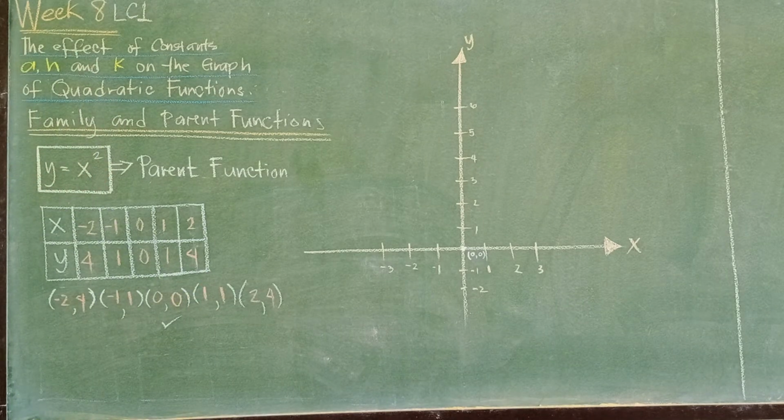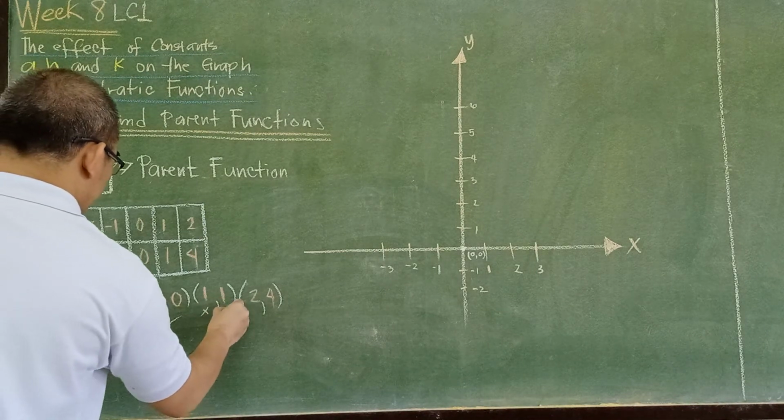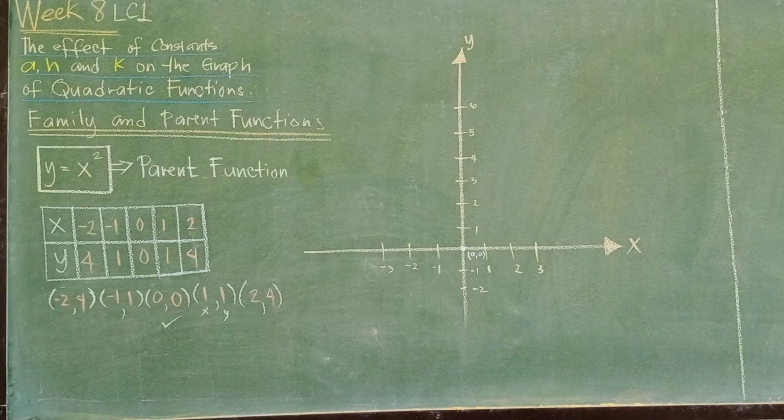Next, i-plot natin yung 1, 1 muna. Positive 1, positive 1. So hanapin natin yung positive 1 sa may x-axis, yung first number. And then yung 1 sa may y-axis. And then yung intersection nun, yun yung point 1, 1.